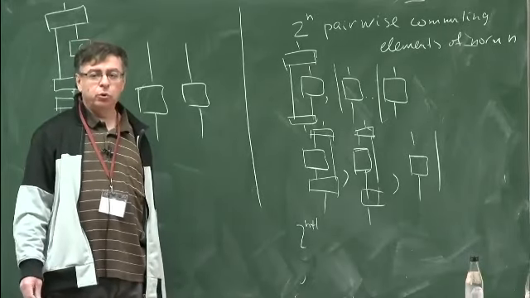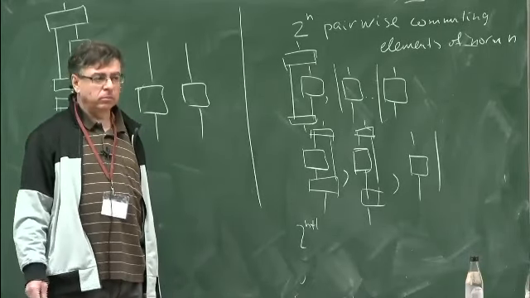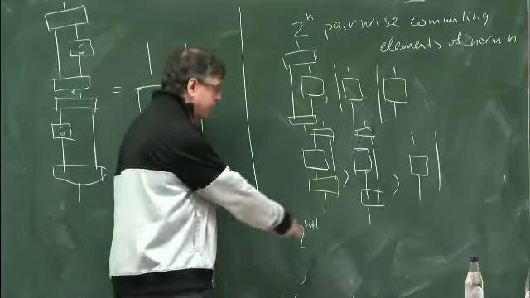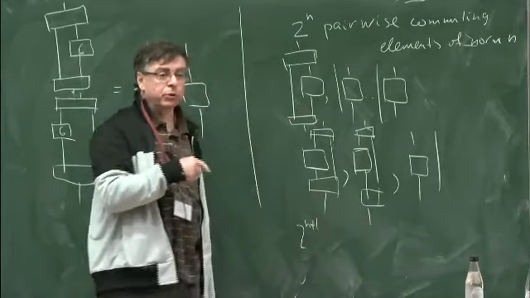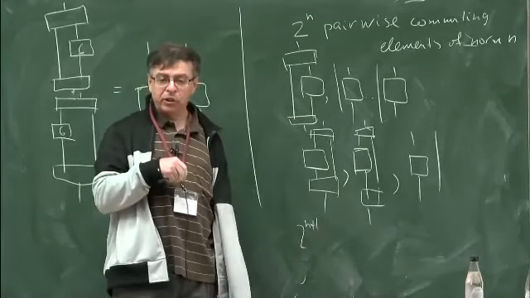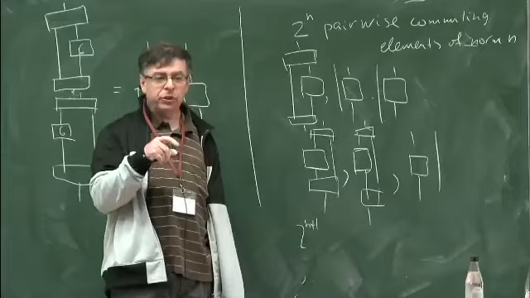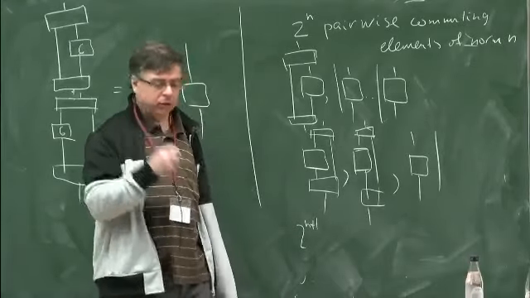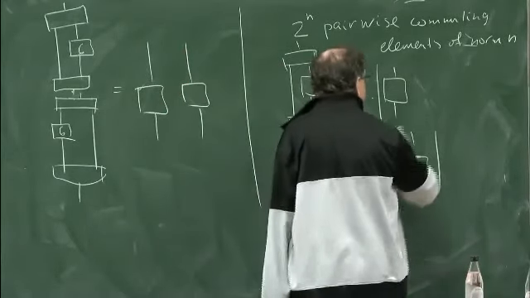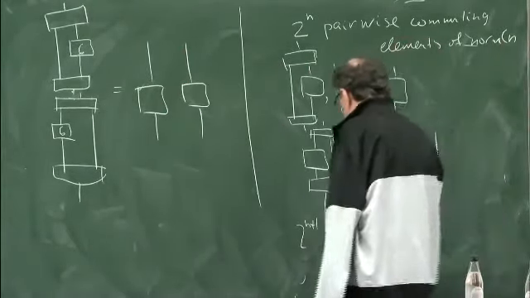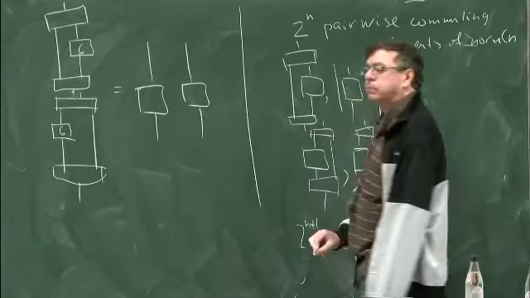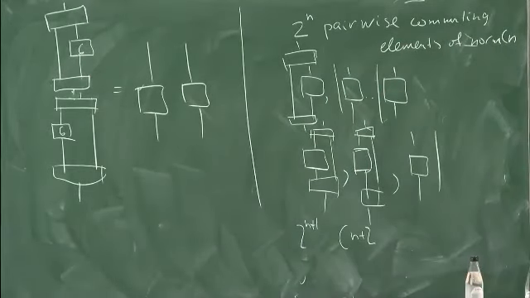We added 2 elements, so the number of pairwise commuting elements is multiplied by 2, but the norm is increased by 2. So if it was Cn, it is now Cn plus 2. Okay, so what do we get?